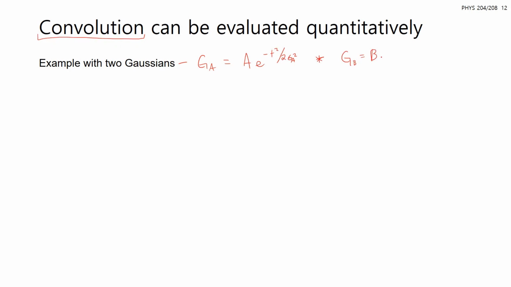It has some amplitude, capital B. Again, just writing out the Gaussian equation, where the width of these Gaussians, again, is going to be defined by the sigma that's in the denominator there. And I'll just sketch out Gaussian B with a wider width there.